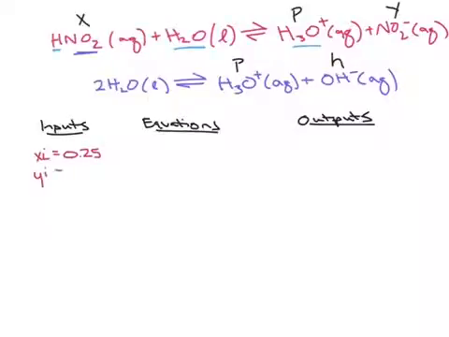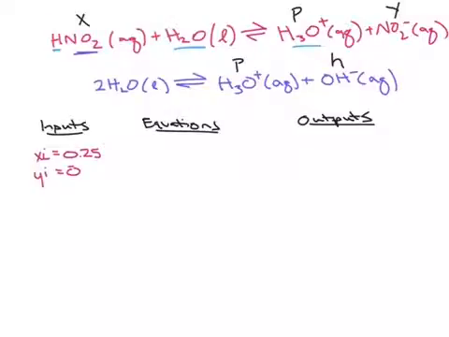We assume that Yi is equal to 0, and as a special note, for acid-base problems, we are never, ever going to write values for Pi and Hi because we just don't know how much is in there.